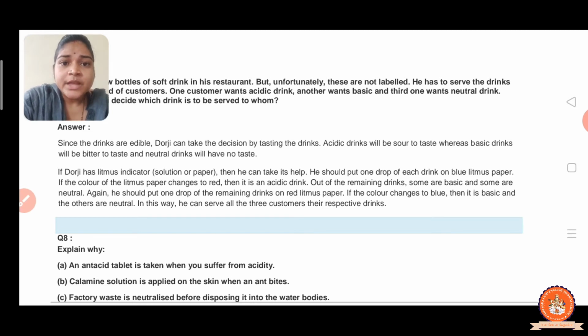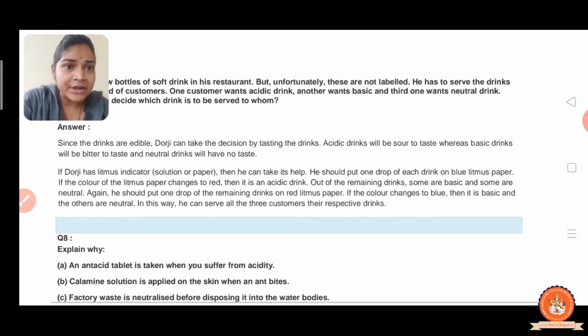So see, if Dorji has a litmus indicator, then he can take its help. He should put one drop of each drink on a blue litmus paper. If the color of the litmus paper turns red, it means it is the acidic drink. Now out of the remaining two drinks, one is basic and one is neutral.